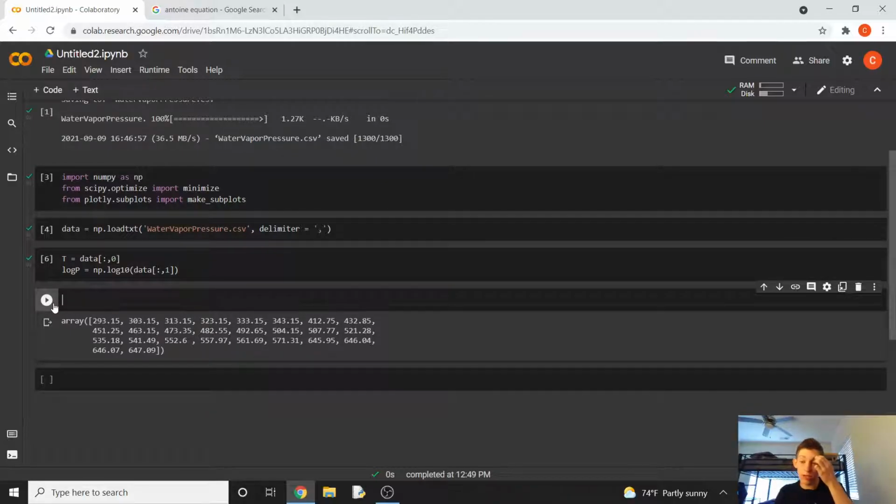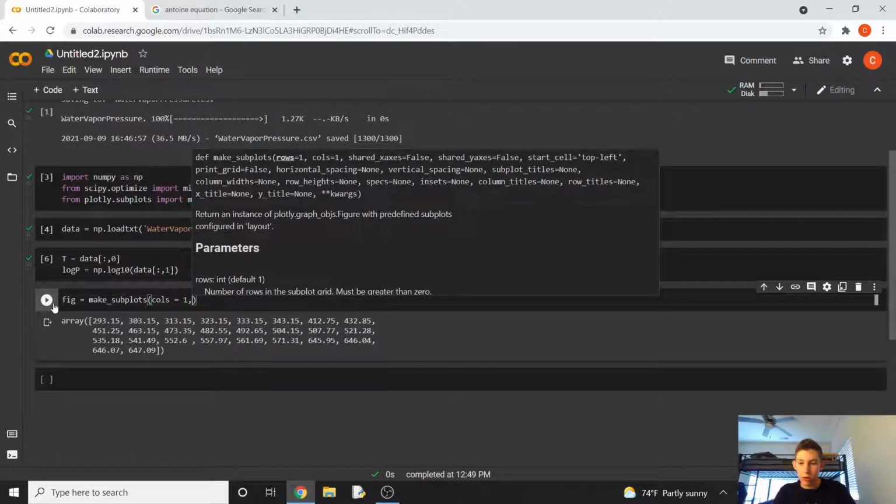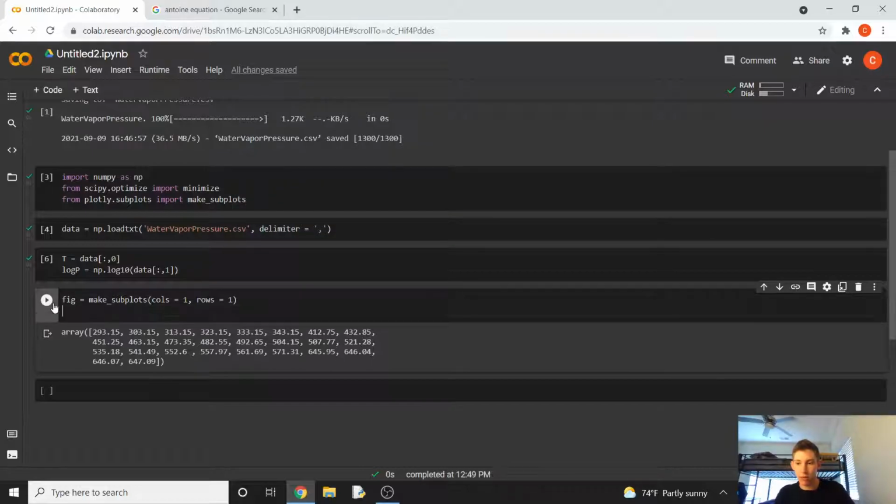Now let's plot this data so we have a visualization of it. We'll say fig equals make_subplots, and we're going to have one column and one row, and then fig.add_scatter.